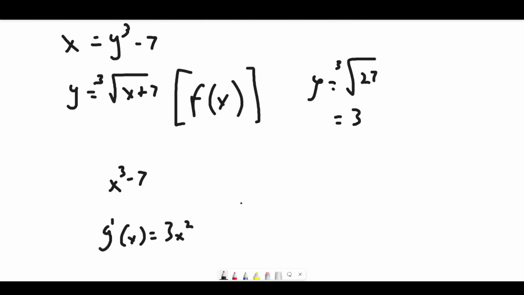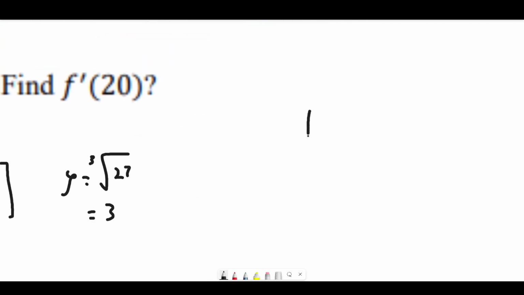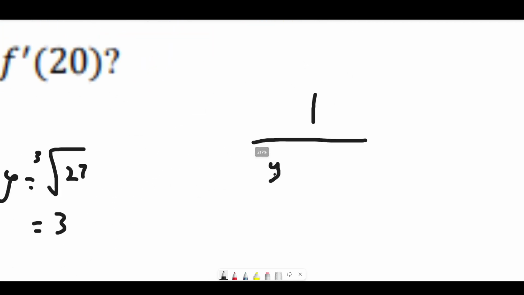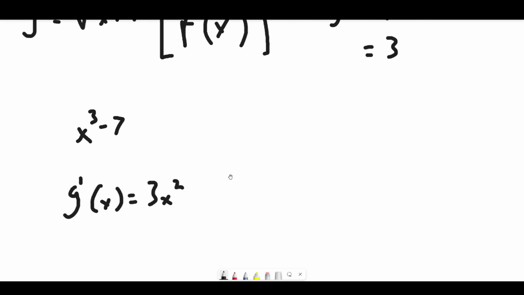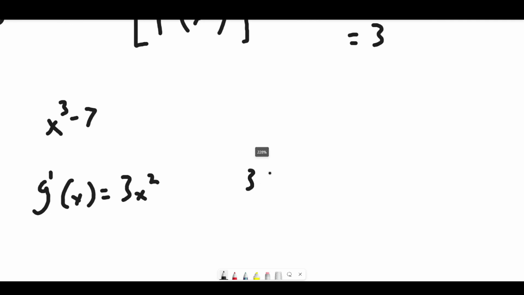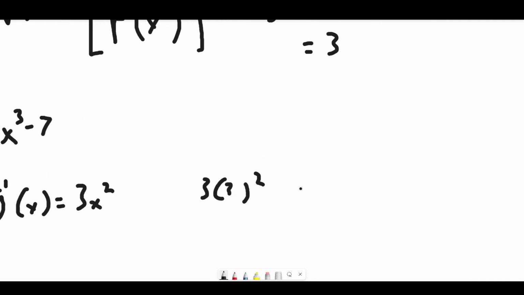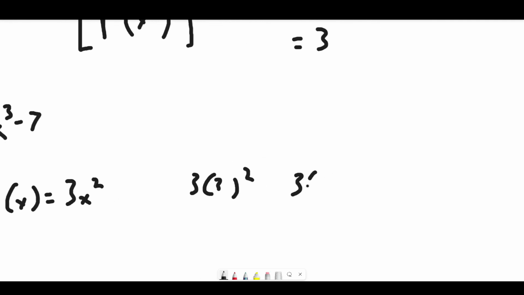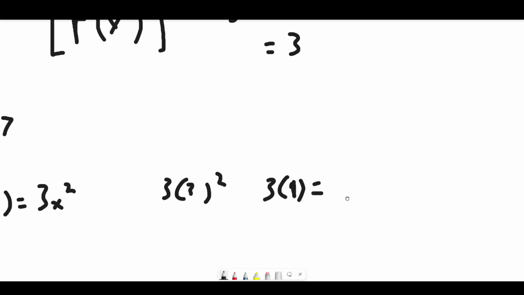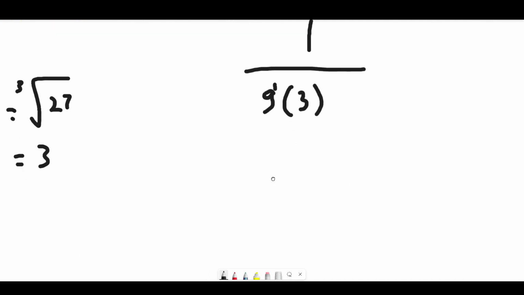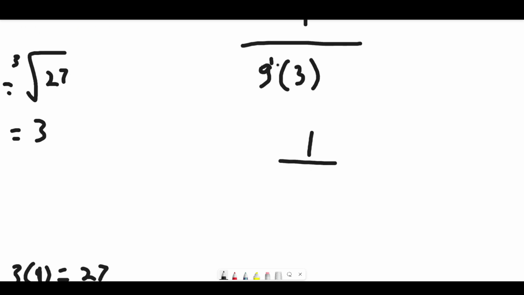And then we're going to plug in 1 over g prime of 3. So this is going to be 3 times 3 squared, and 3 times 9 is just 27. So 1 over g prime of 3, where we know g prime of 3 is 27, the answer is just going to be 1 over 27. And that's it for 3.3.